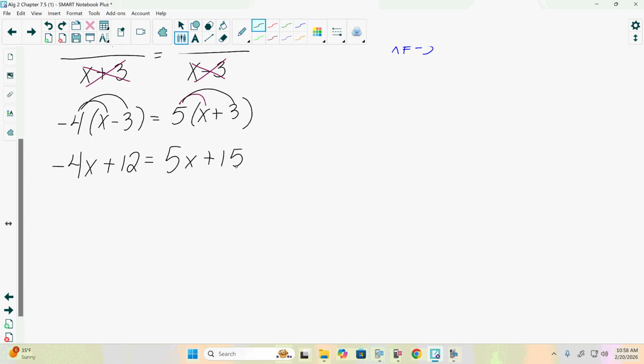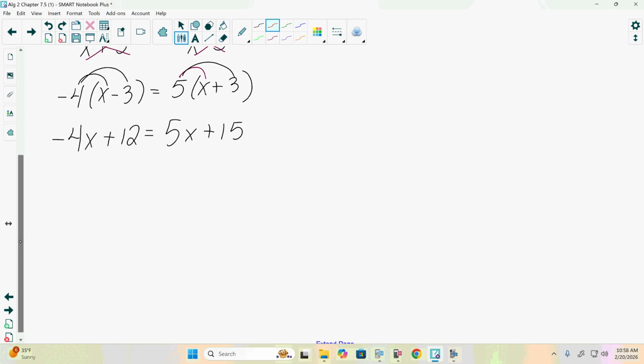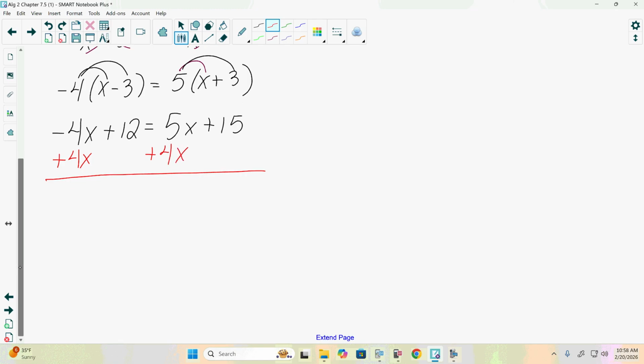Now where we go from here, we could add 4x to both sides. We could subtract 5x from both sides. Subtract 12 from both sides, subtract 15. Does not make a difference. I'm going to add 4x to both sides.